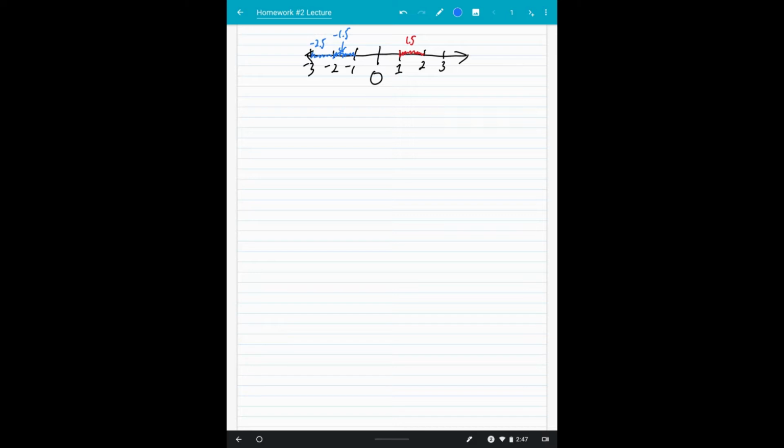You'll also see irrational numbers in between integers, like pi, which we talked about last time. Pi is about 3.14, so it would appear somewhere right here.